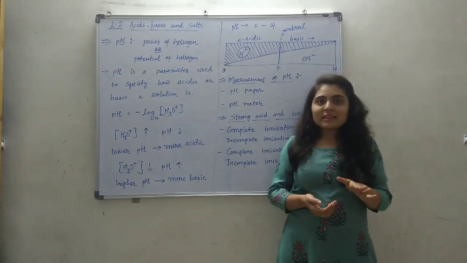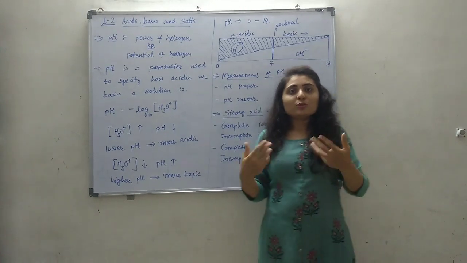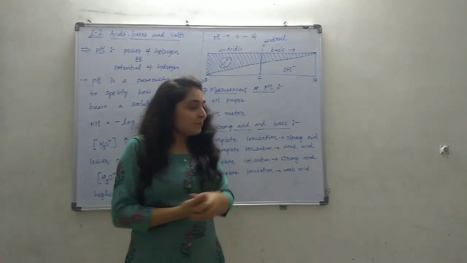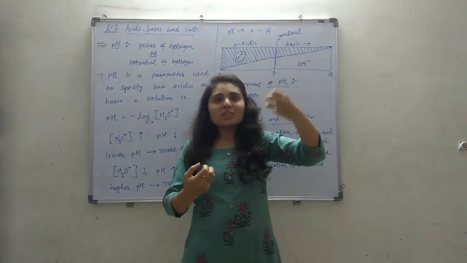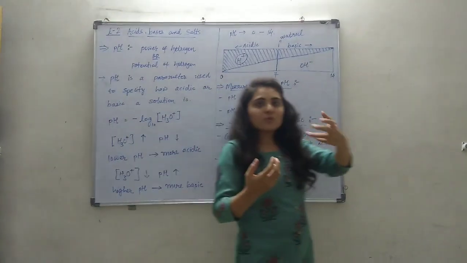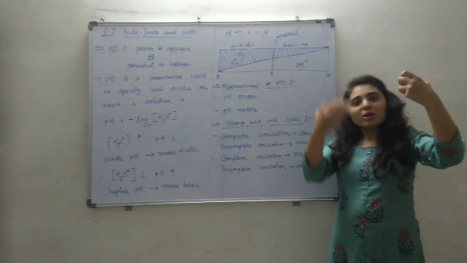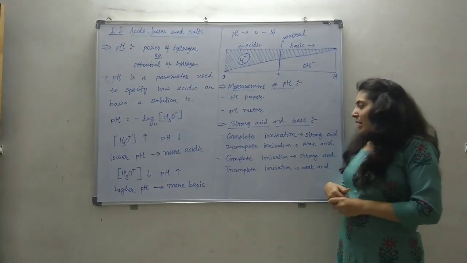So the numbers are less. If the numbers are less, the strength of acidic nature will be less, right? And for lesser acidity, pH will be more. So the pH value will be more for acetic acid, because the more the pH value, the less the acidity. And this is called incomplete ionization.